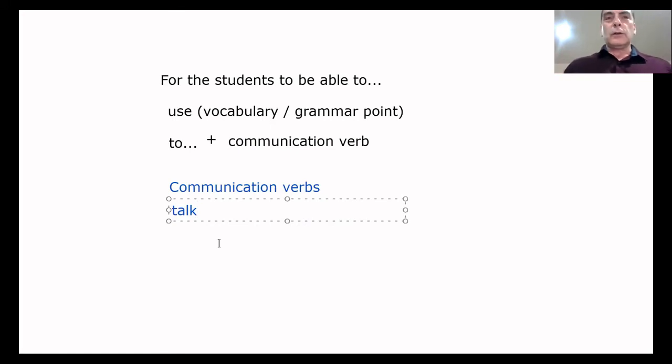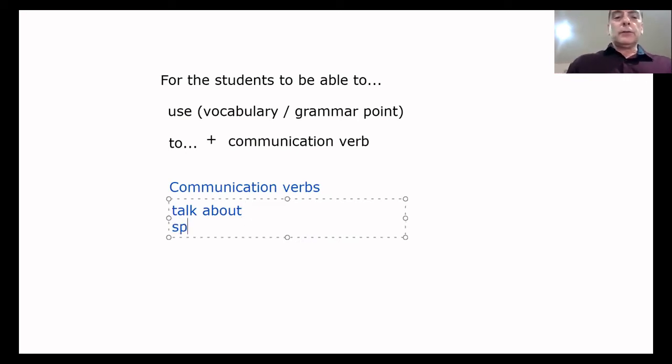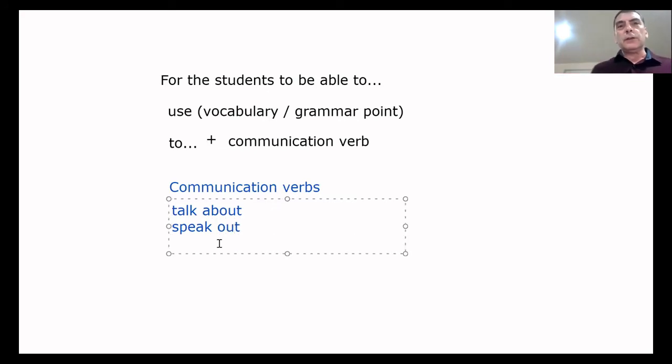So not just talk, but let's say talk about something. Good. Maybe, as you say, speak about. Good. Any others you can think of? I'm sorry? You said speak out. Speak out or speak about? Speak out, yes, absolutely. Thank you. We might want them to speak out. Any others you can think of?